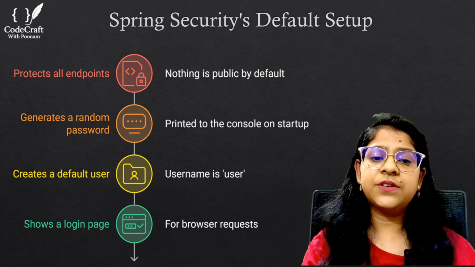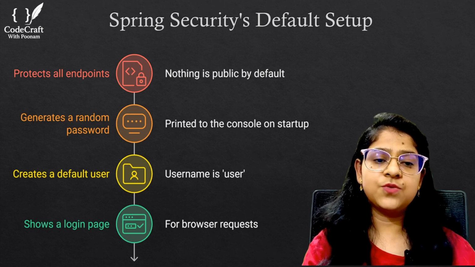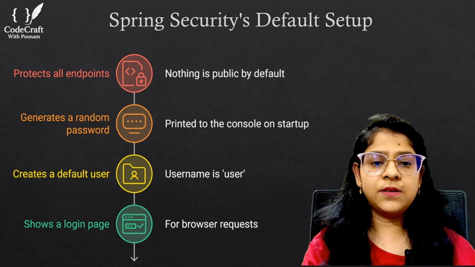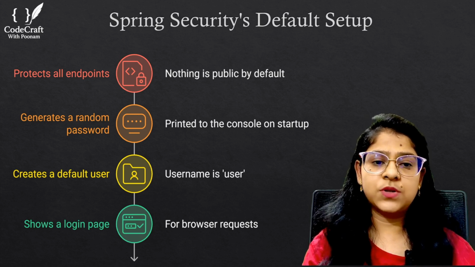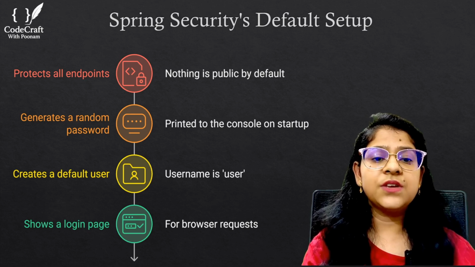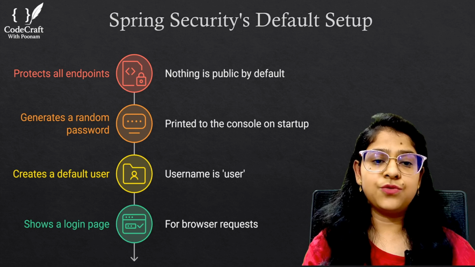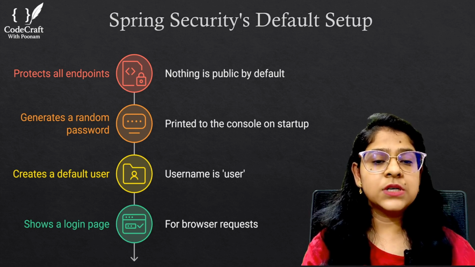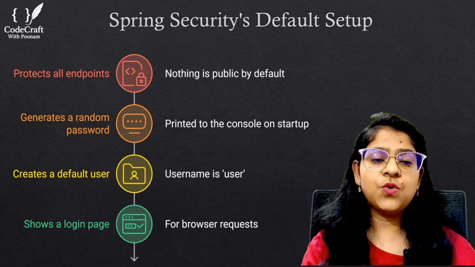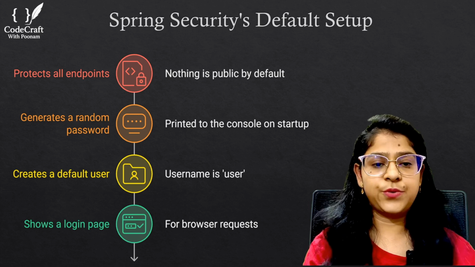It creates a default user with a username like user, and then it shows a login page for browser requests. This default behavior is useful to know, but we will replace it with our own custom configuration so that we can have full control.